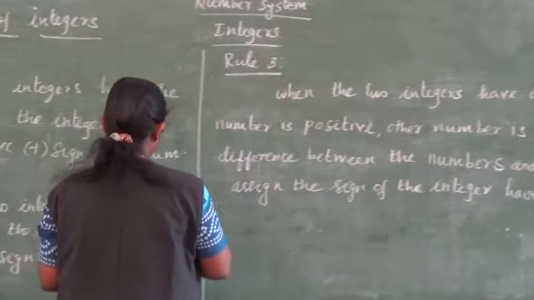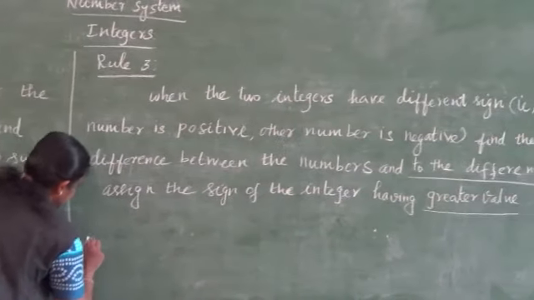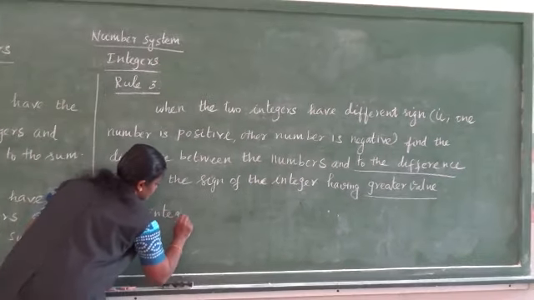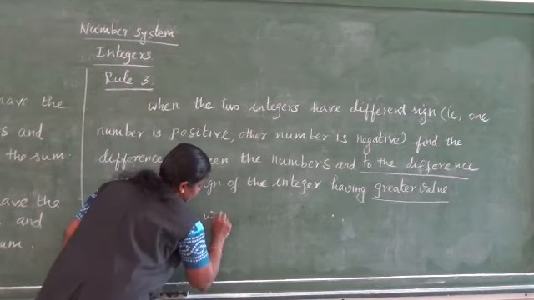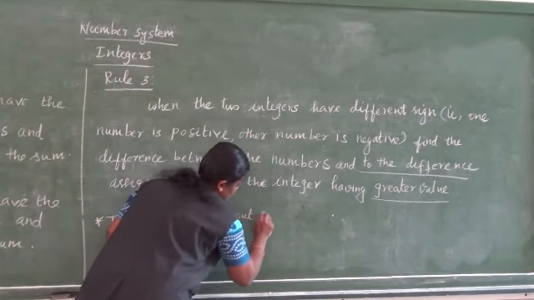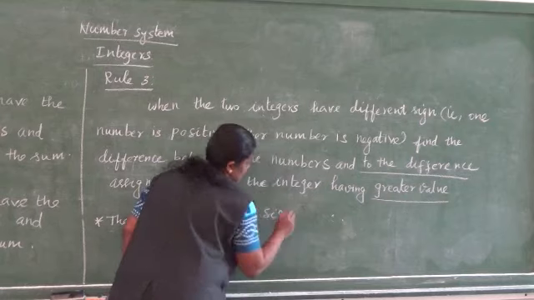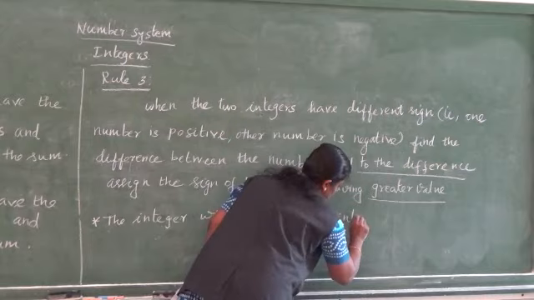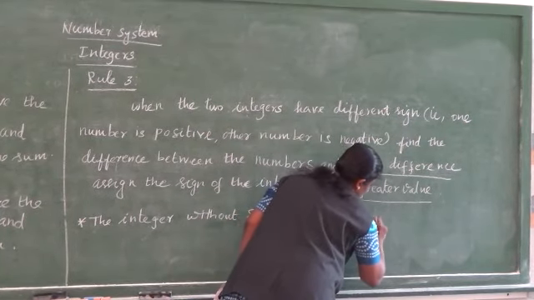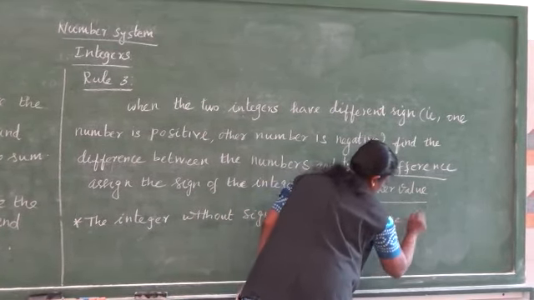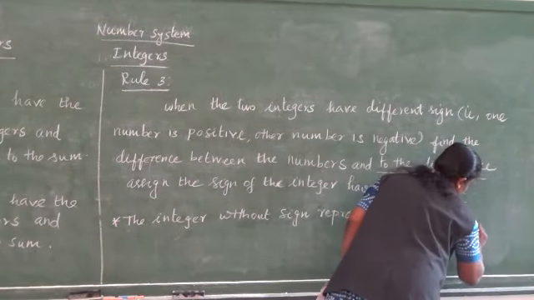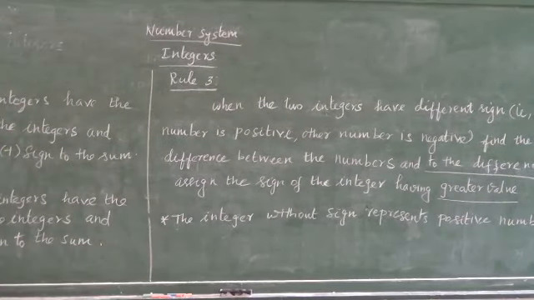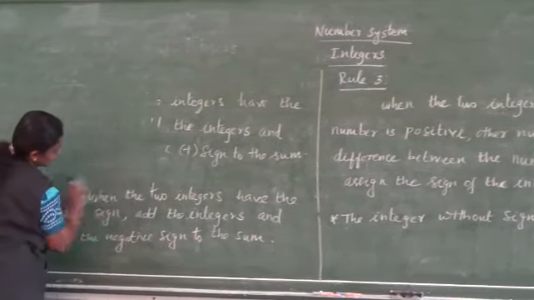One thing you should remember always, the integer without sign represents positive number. Now, I will take 4 kind of problems for explaining these rules.